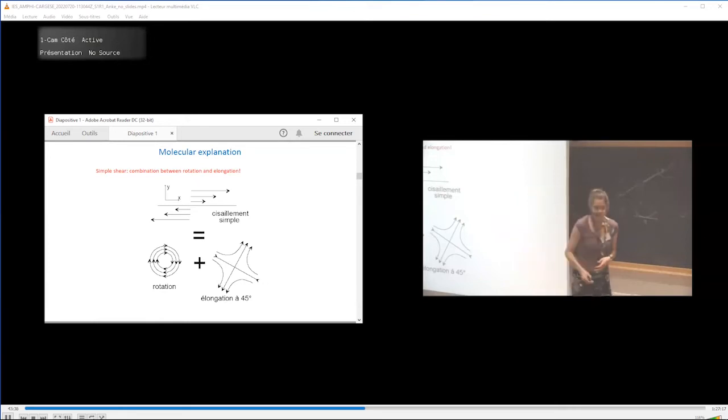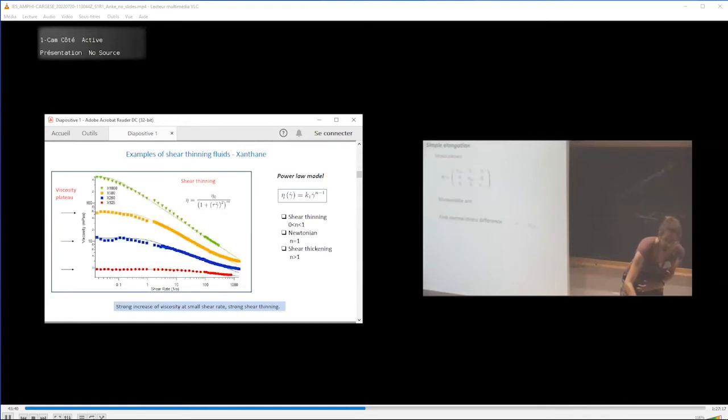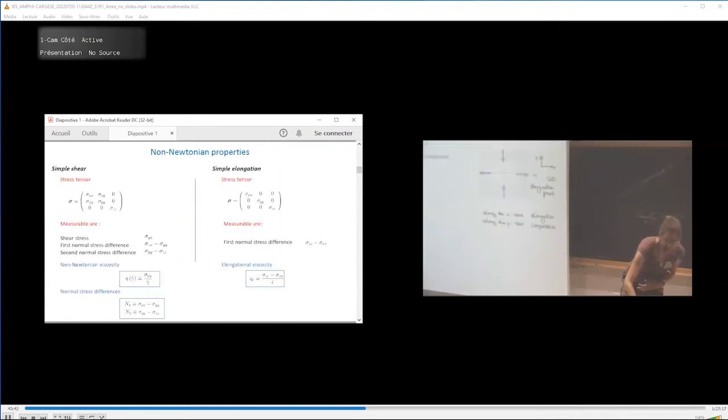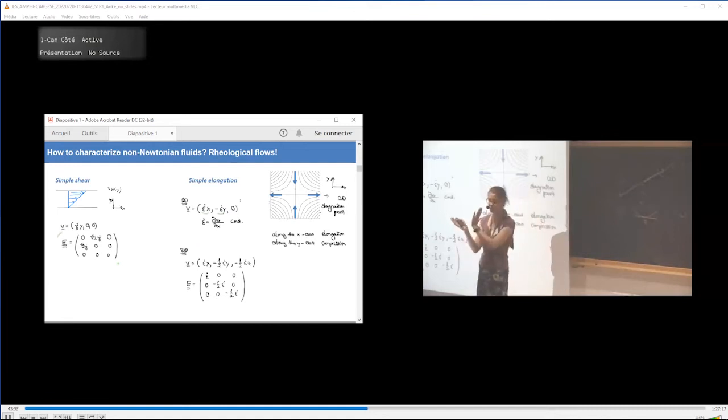So for those who have a little bit more mathematical background, if I go back here, this type of flow we see is actually a matrix that is diagonal. Here this matrix is not diagonal, but it's symmetric, so we can make it diagonal. So what I can actually do is look in what coordinate system this matrix would be diagonal.